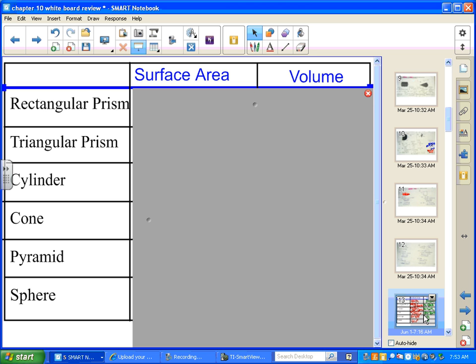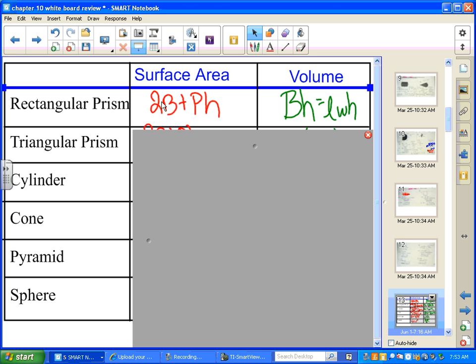Good. Doug, what's the volume formula of a rectangular prism? Good, which we always write as base times height. Okay, so I have the formulas up here, surface area and volume. I would write the volume however you prefer. I typically remember it as base times height. Doug said length times width times height.